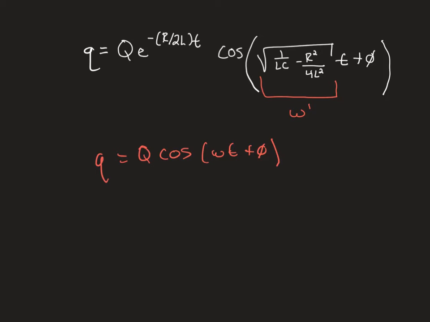So with every oscillation, the initial charge is going to be smaller and smaller, so you're going to have less energy stored in the capacitor that's going to discharge into the inductor again. So this leads to an exponential decay in the amount of maximum charge that you can actually have.